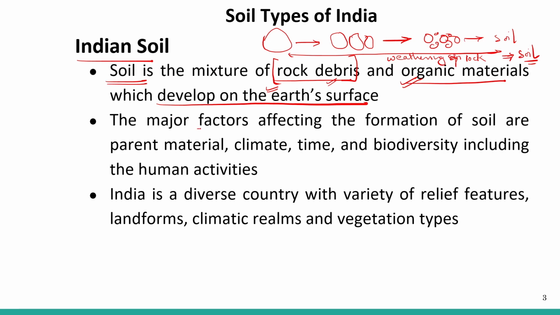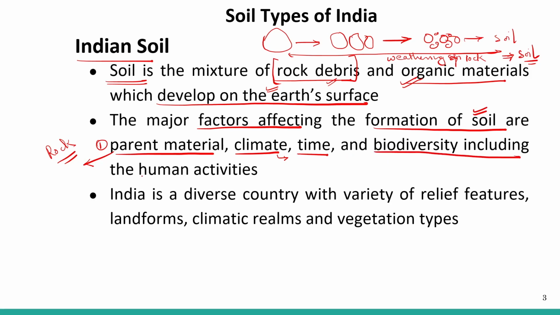The major factors affecting the formation of soil are parent material, which means the rock from which the soil is formed, climate, heat and temperature, meaning higher and lower temperature, and time. Also biodiversity including human activities.